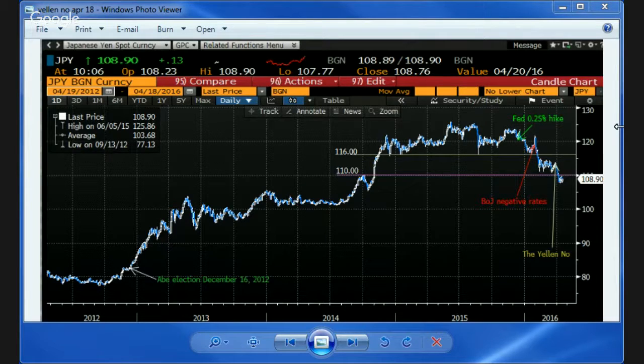So anyway, the Fed has been backpedaling since that December hike on its rate hike. We're now down to 2. It looks like there's a very good chance, certainly the Fed futures are saying so, that there's less than 50% chance the Fed is going to hike rates at all this year. So where does that leave us?